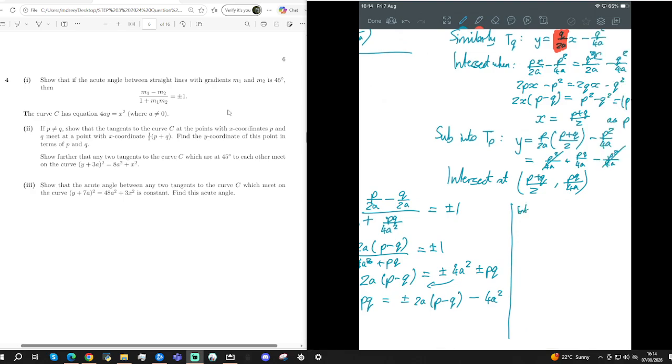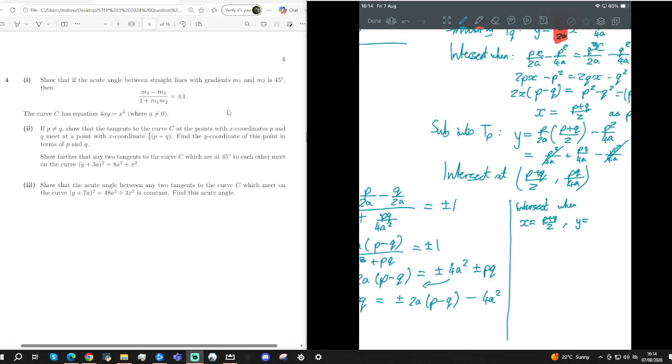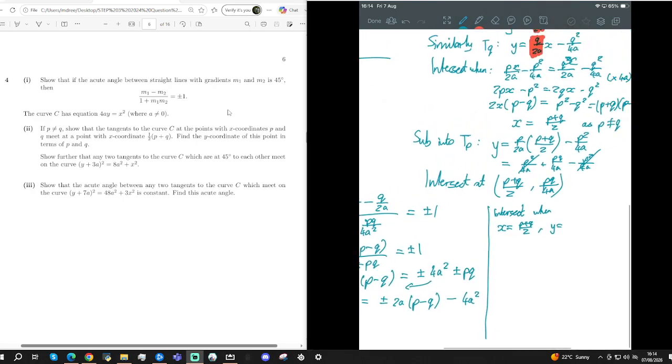So we intersect when x equals p plus q over 2, and when y equals this whole thing over 4a, well, that's going to have a minus a on the end.